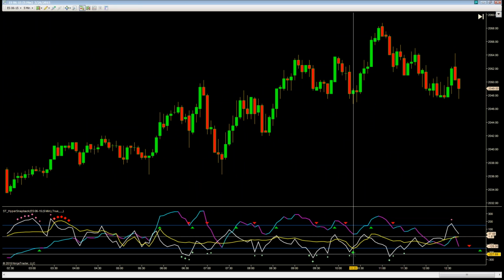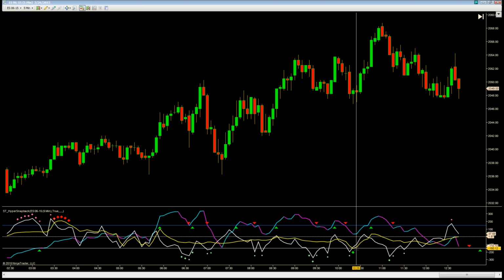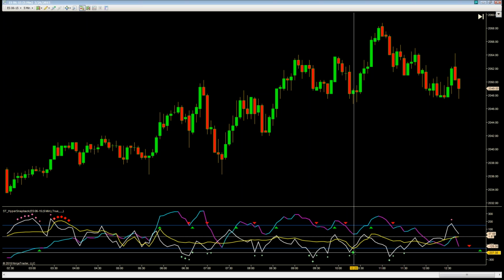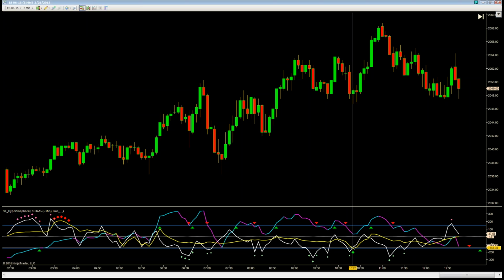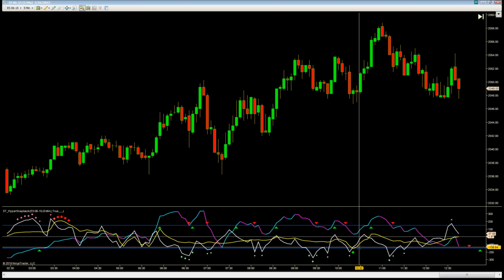The diamond right here at 10:20, which the email stated is a HyperSnapback up, is designated by this diamond, and that would be the yellow line. We also have the white line; the same rules apply to both the yellow and the white, but we're just going to be talking about the yellow today.